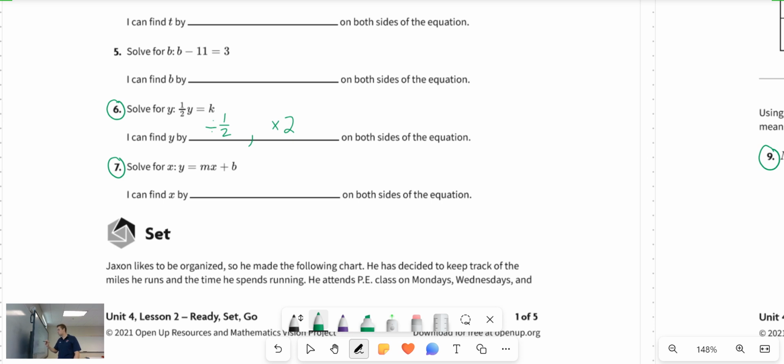First step is going to be subtracting b from both sides. And then dividing by m. All right, so that's how we would do it, right? We'd subtract the b from both sides, then divide both sides by m, and we'd be left with just the x on one side. All right.